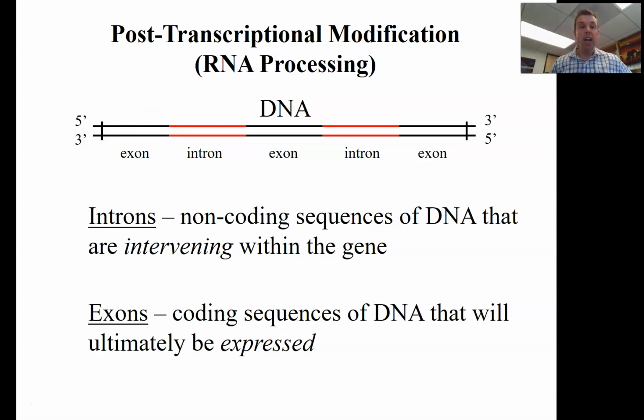But the gene has these short regions that don't code for protein, right? So they're called introns. The introns are non-coding sequences of DNA that are within the gene. So this gene might start over here and end over here on the right, and there are exons that code for protein, but there are also introns that don't code for the protein interspersed.